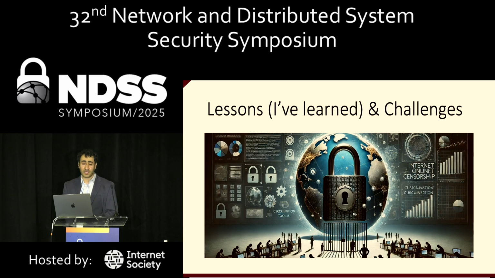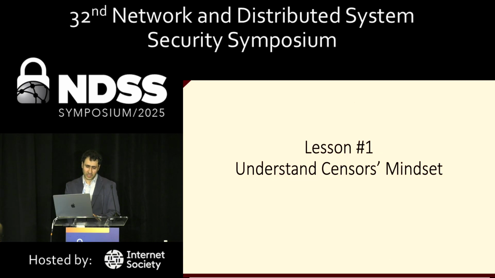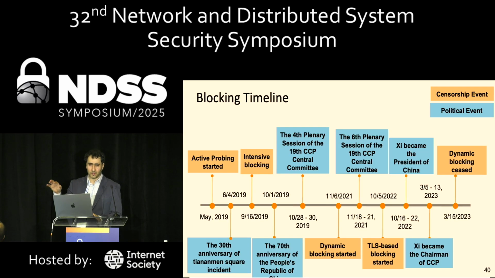Okay, so with that, let me talk through some of the lessons and also challenges on the topic of censorship circumvention. Let me start with the first lesson. If you want to have successful censorship circumvention, you really need to understand the mindset of the censors. The reason I gave you those timelines is that now I want to show you the bigger picture.